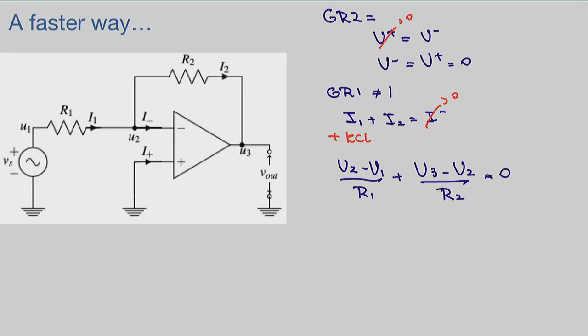Okay, we also know that U2 is U minus, which is 0.